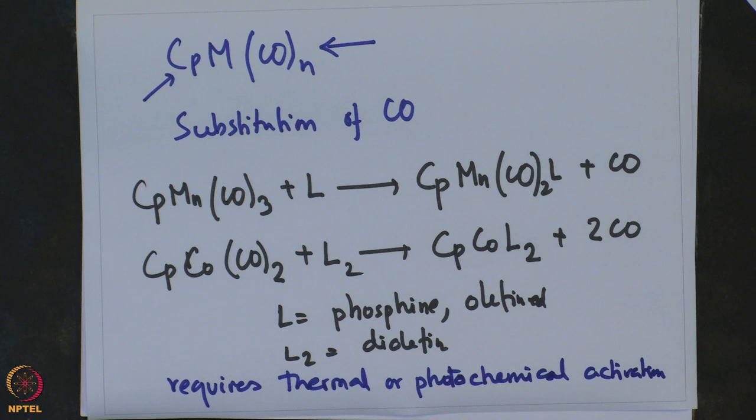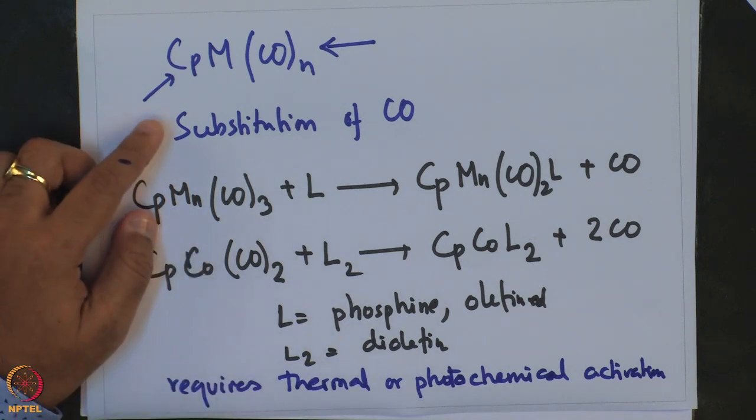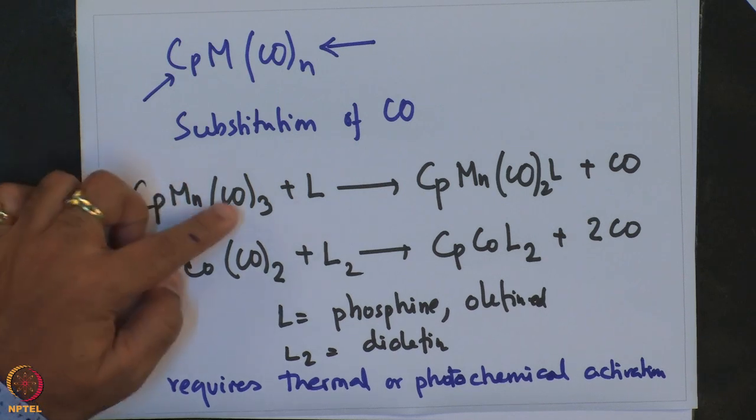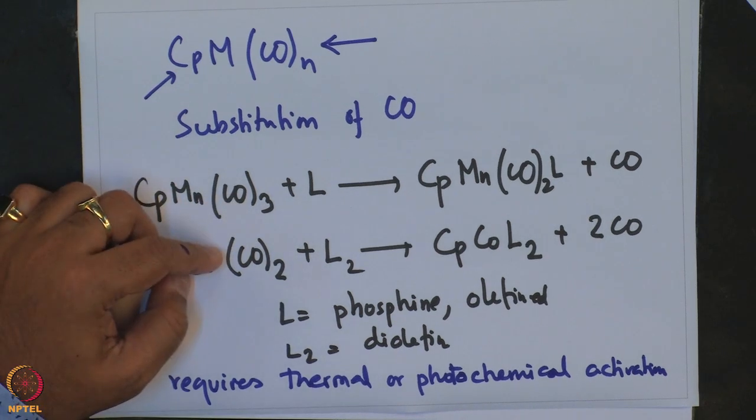So, we see that this Cp manganese carbonyl complex is heteroleptic in nature. Substitution not only at the Cp ring can be invoked, but substitution of the carbonyl ligands can also be done, by replacing the carbonyl with other dative ligands like phosphines, olefins or diolefins, and the process would require temperature or photochemical activation.